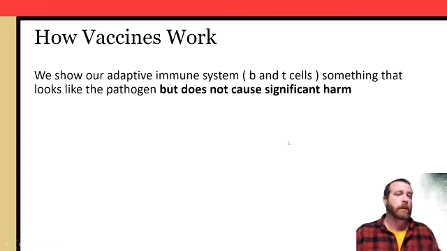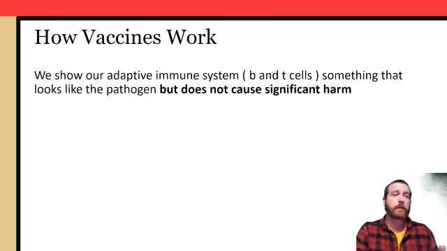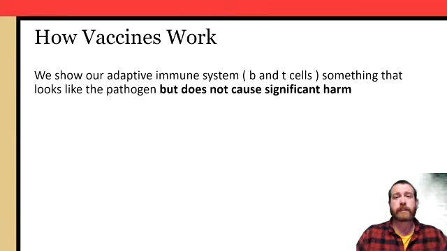So when we're talking about vaccines, in simple terms, all a vaccine is us showing our adaptive immune system, those B and T cells, something that is a pathogen, either one that is a chunk of a pathogen, so has zero ability to cause harm, like what we're going to be talking about today with mRNA and viral vector vaccines, or things like that stuff that you've probably had your whole life, the kinds of vaccines like the flu vaccine that are either what's called weakened or attenuated vaccines or killed vaccine.